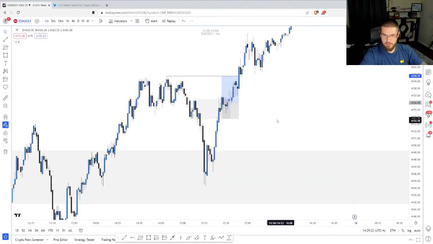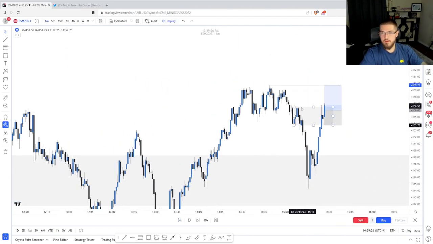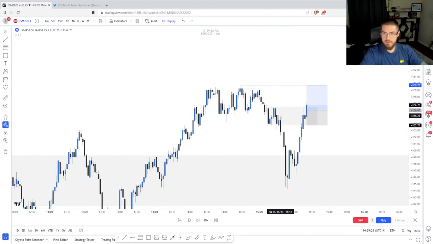But if I'm watching the market right here and I see the price trade back above this area, which I'm presuming to be a breaker block because it came down, formed that short-term high, and then we took out liquidity here, and then the market didn't make another high before taking out more liquidity down in this area right here.